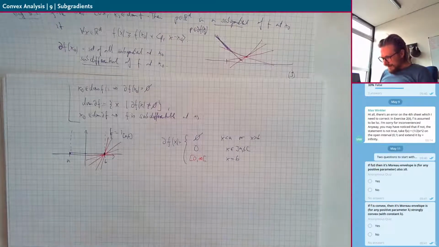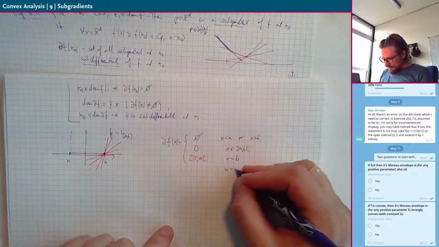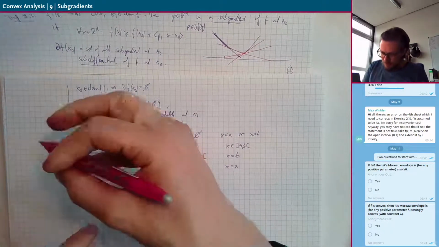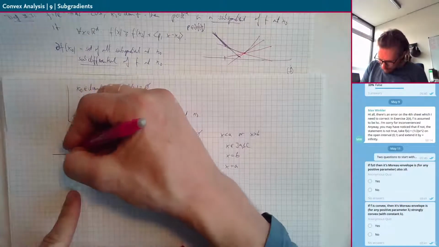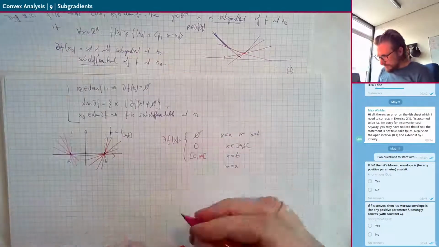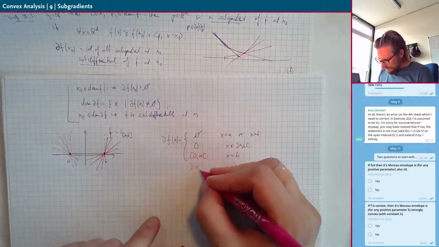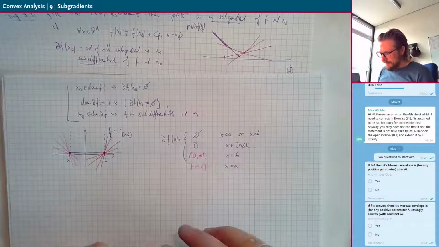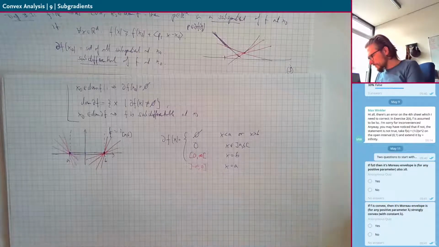Okay, and what is at x equals a? At x equals a, it's kind of the other way around. All the negative slopes work, and slope 0 works as well. So here we have minus infinity to 0. So these are all the slopes.